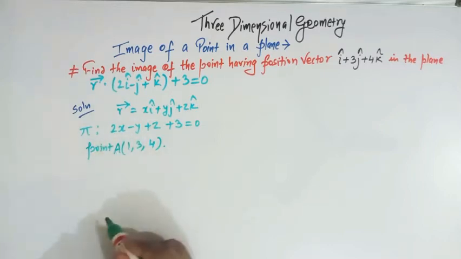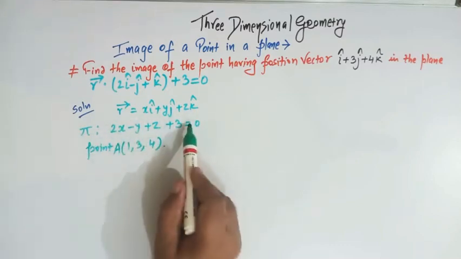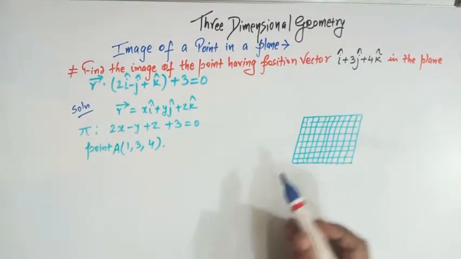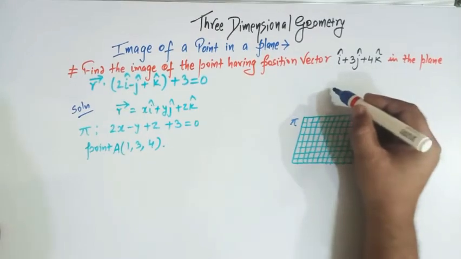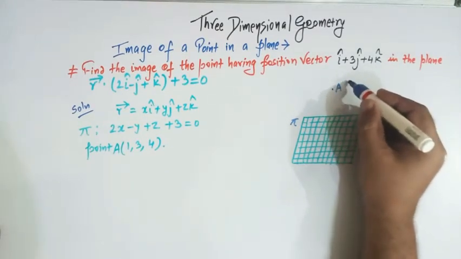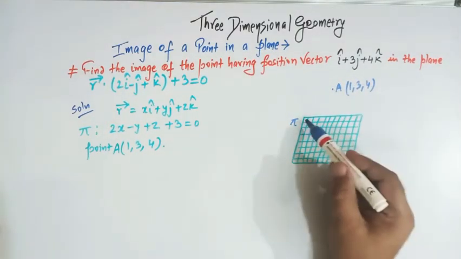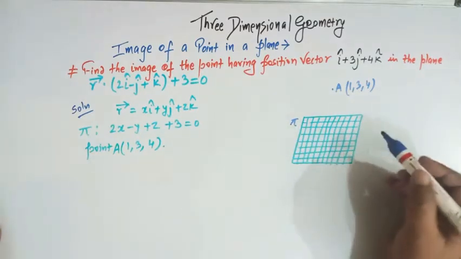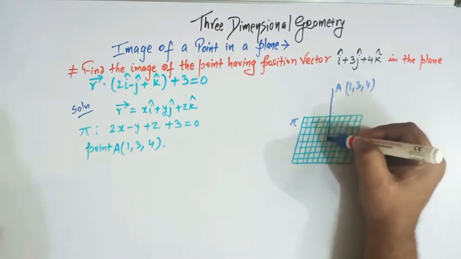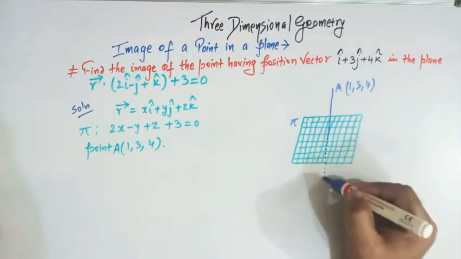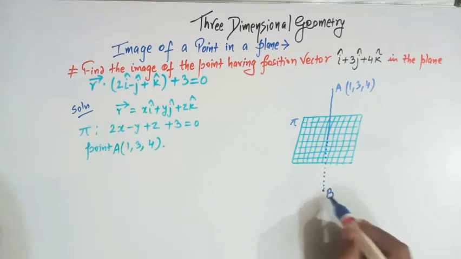Let us call this point A, and we have to find its image under this plane, right? Now let us take this plane pi and let this point be at this place, that is 1, 3, 4. Now we have to find its image, and we can treat this plane as a mirror, and the image of this point A lies here, and let this point be B, right?